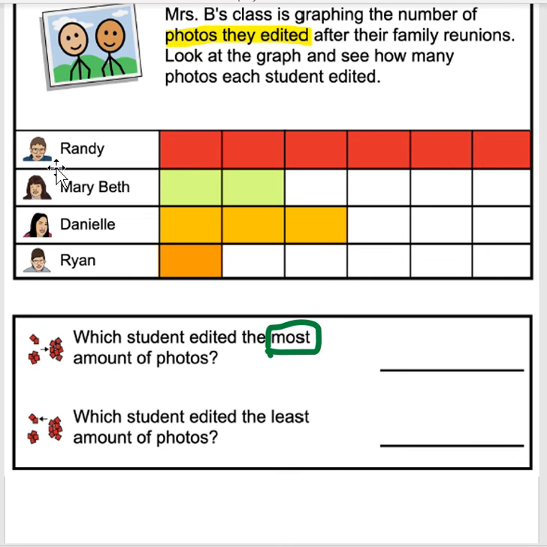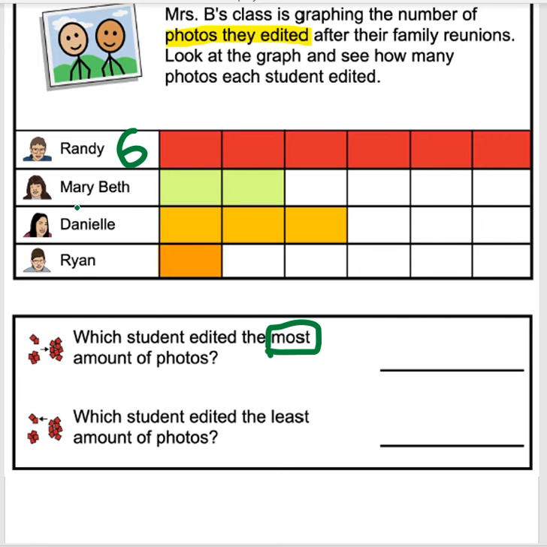So what we're going to do is count how many each student had. So Randy had how many photos edited? Let's count. 1, 2, 3, 4, 5, 6. So Randy had 6 photos edited.